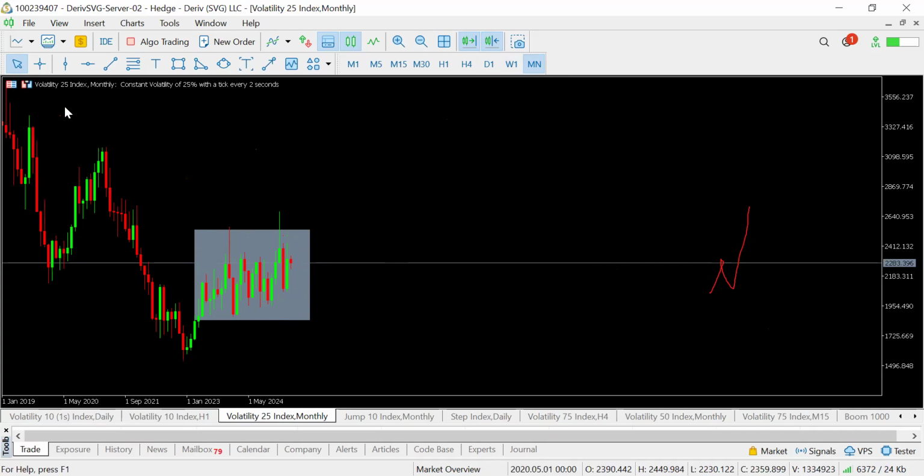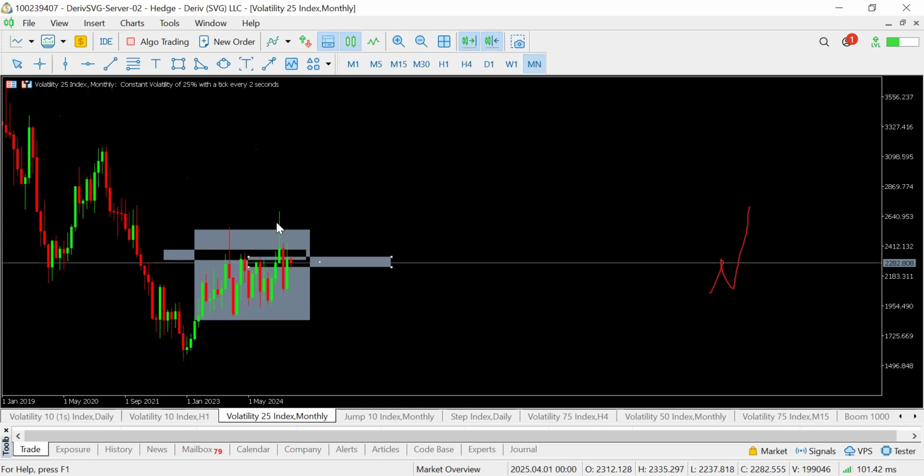But however, from this now we've been able to deduce that it made a low, a lower high, lower low, lower high, lower low. Now it had made a lower high and then suddenly started trending in that lower high, failing to make a lower low or a higher high.